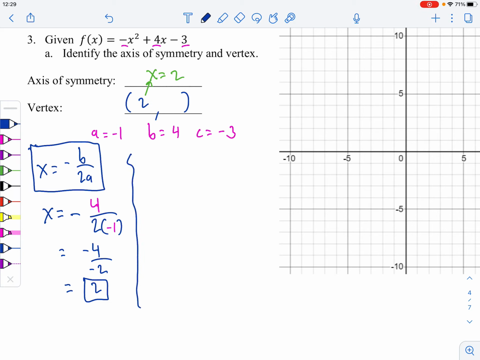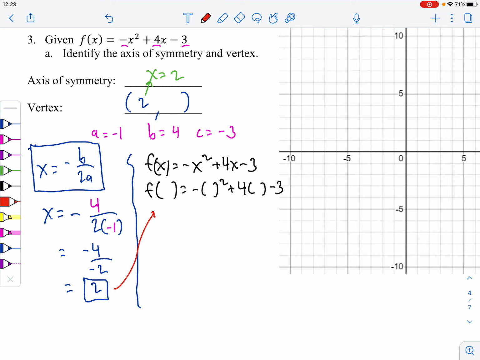Now we just need to substitute that into our formula. Our original problem gave us f of x equals negative x squared plus 4x minus 3. So we get f of 2, and we substitute that.